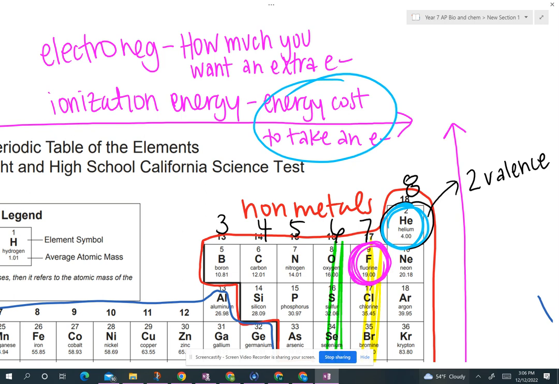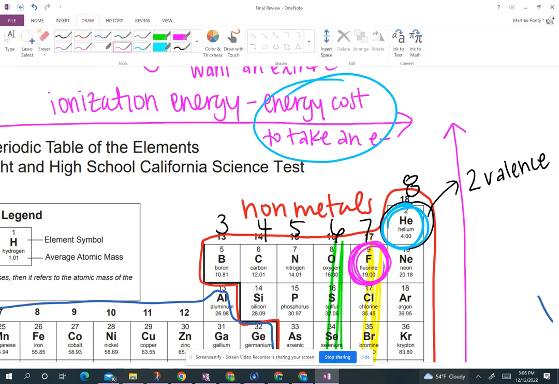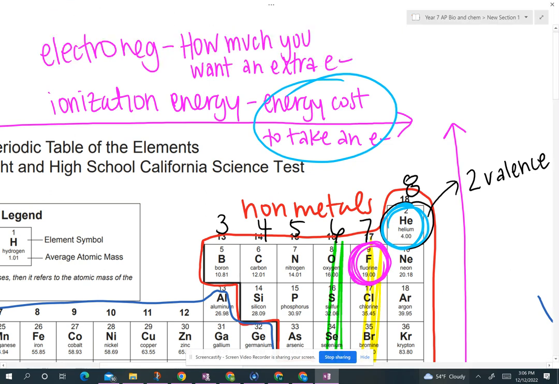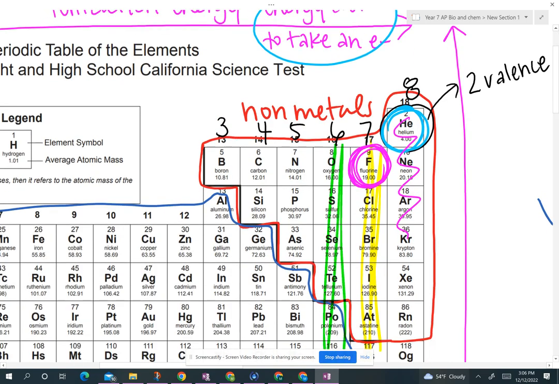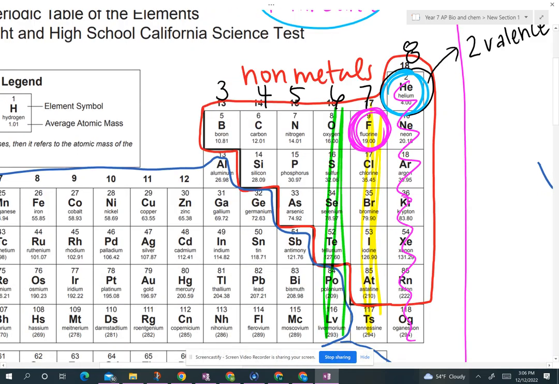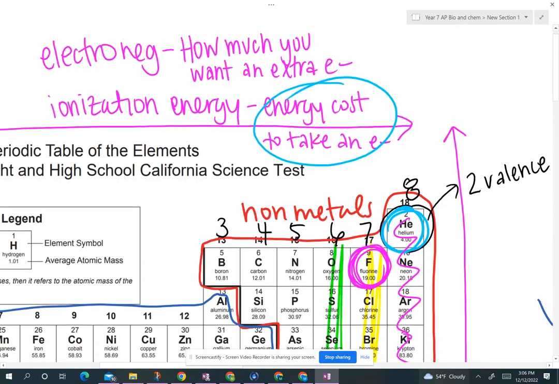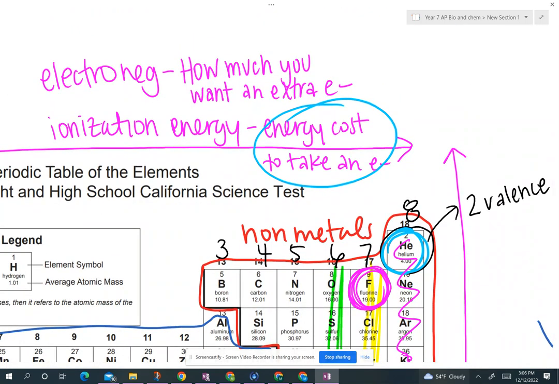In electronegativity, though, things to keep in mind is that your noble gases do not count in electronegativity. In electronegativity, none of those guys count. Ionization energy and atomic radius, they do. Electronegativity is the only one that doesn't, because if you look at this definition, it's you want an extra electron.